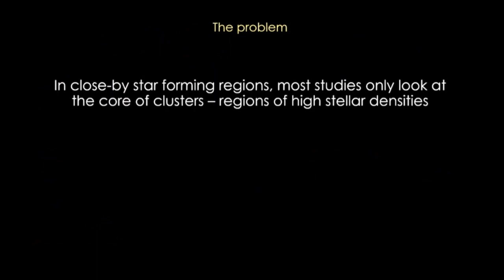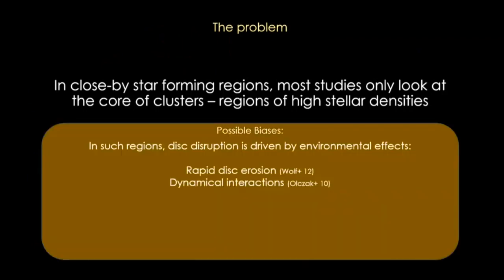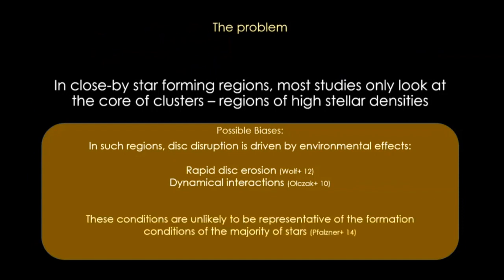The problem is that in close-by star-forming regions, most studies concentrate on the inner part of the clusters, the densest ones, with high stellar density. This can lead to biases, because in these regions disk disruption is driven by environmental effects, like rapid disk erosion or dynamical interactions between disks. These conditions are unlikely to be representative of the formation conditions of the majority of stars.